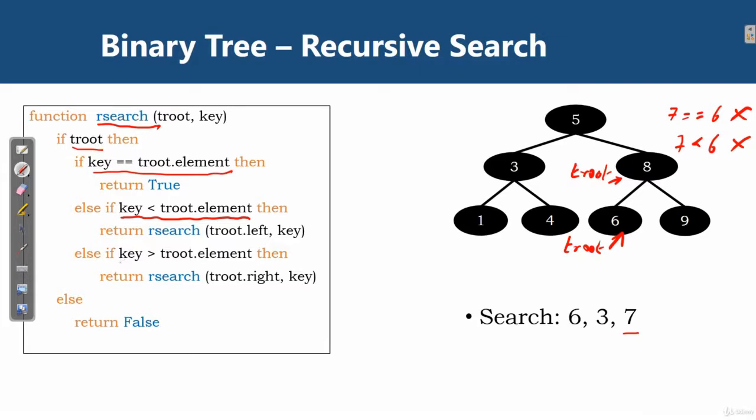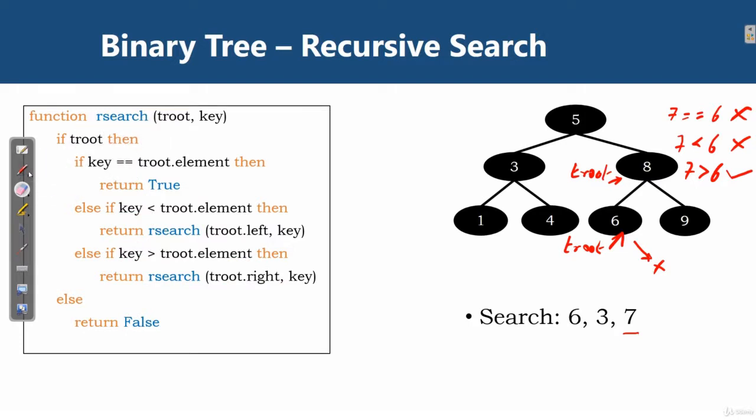So the next condition, that is key greater than the element in the node, is checked, that is 7 greater than 6, which is true. So recursively, our search function will be called passing the reference of the right subtree of node 6. Now the right subtree of node 6 is null. That is, node 6 doesn't have a right child or right subtree.